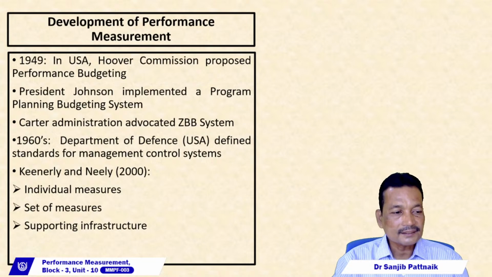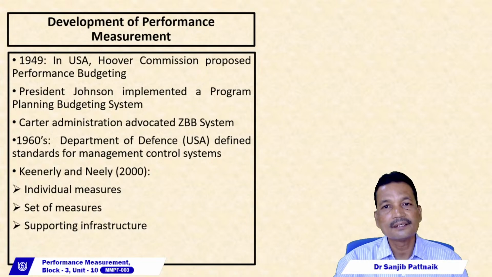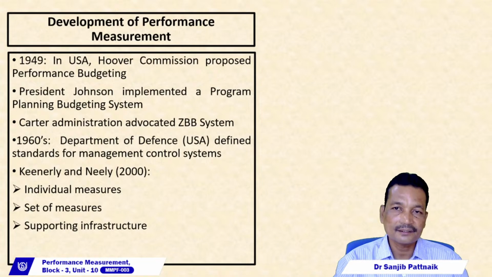Then the third thing they spoke about is the supporting infrastructure. Whatever the indicator, whatever the standard, what we have to do is gather the information. Once we have gathered the information, we record it.